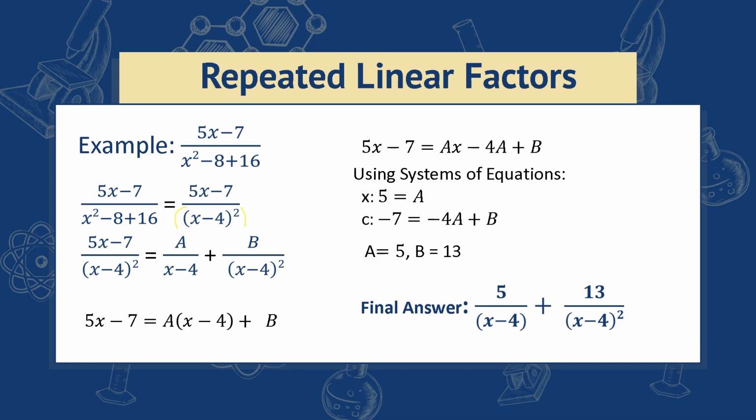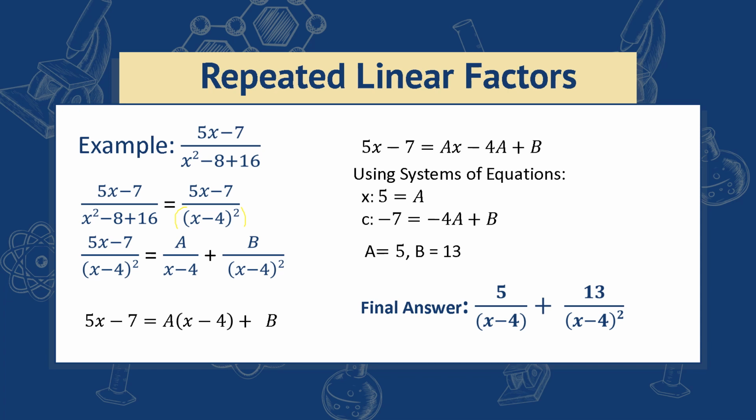And using what we learned a while ago, the form would be 5x minus 7 divided by x minus 4 squared is equal to a divided by x minus 4 plus b divided by the quantity of x minus 4 squared. So with that, it's similar to case 1 where the numerators are just single letters.